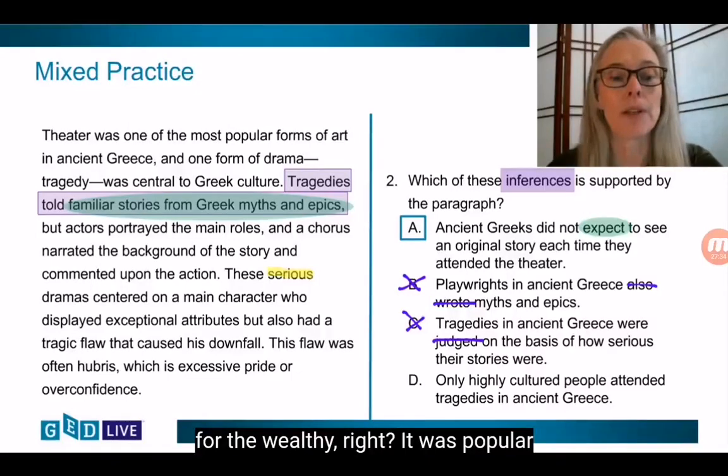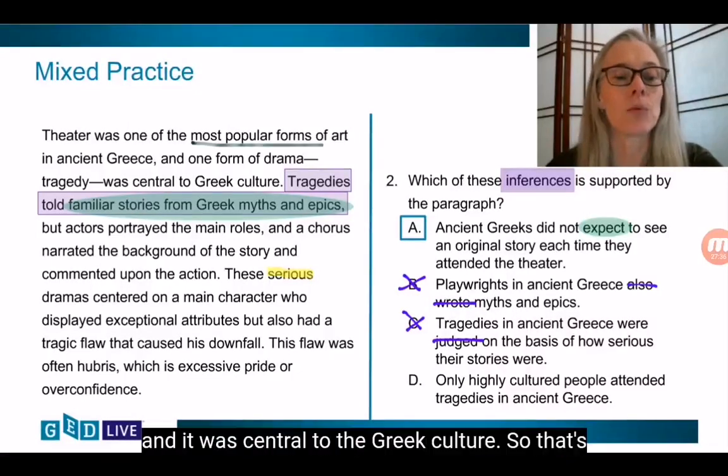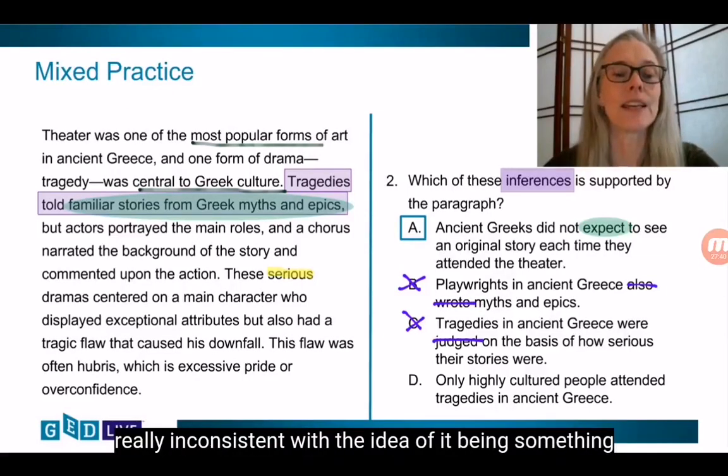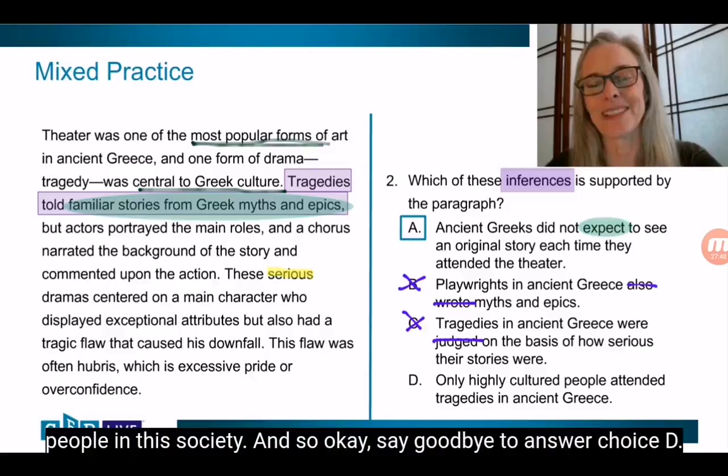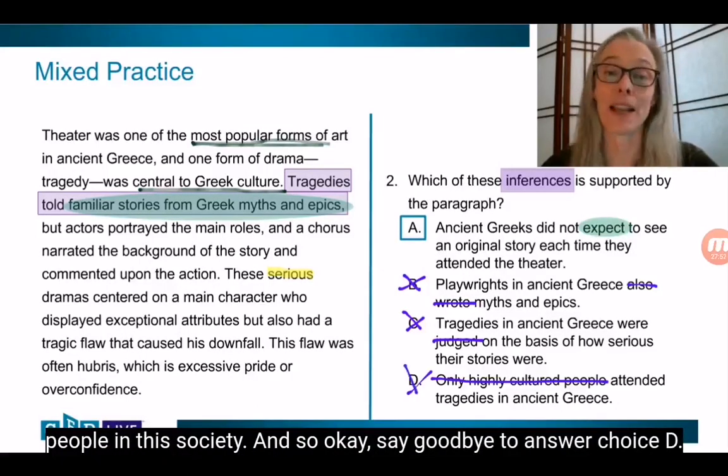It was popular and it was central to Greek culture. So that's really inconsistent with the idea of it being something that was only for the highly cultured people in this society. And so, okay, say goodbye to answer choice D.